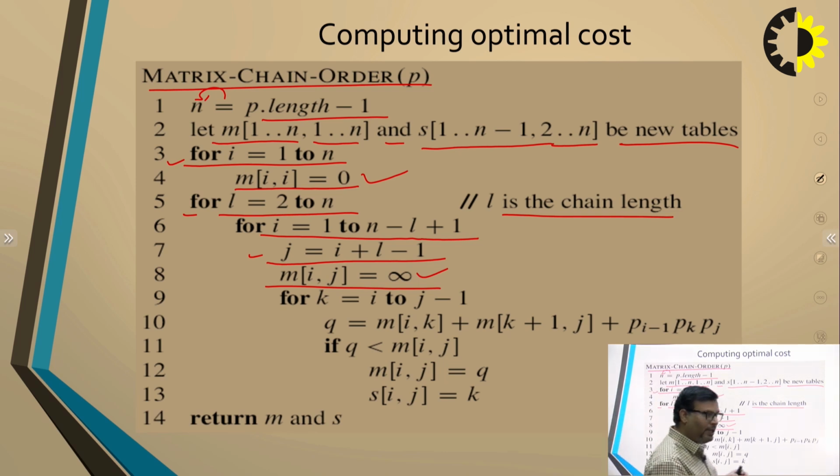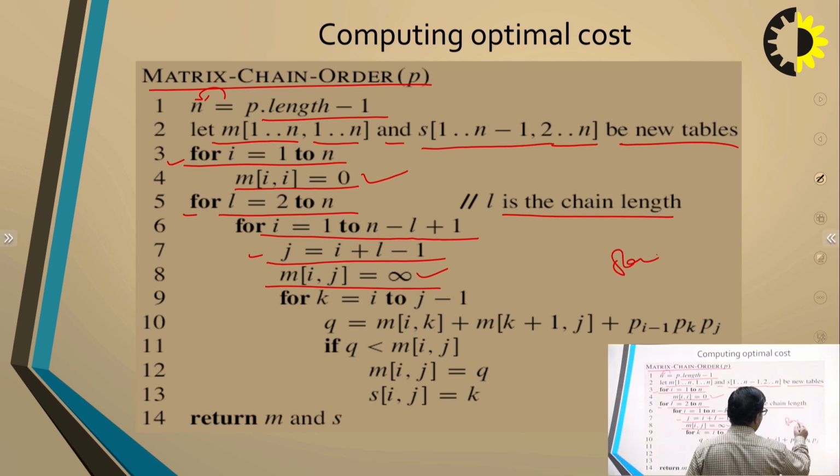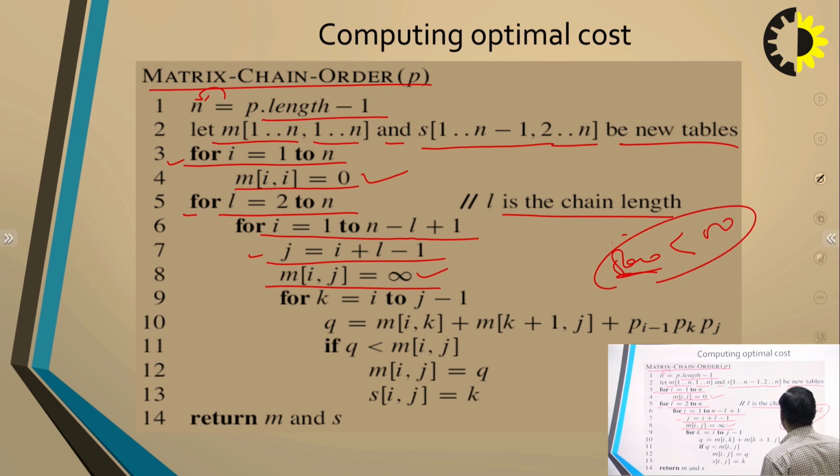Here if any value is obtained, then we will compare it with infinity and find the minimum value. Suppose that we get 800, and then again we compare with mij, which is infinity. Obviously 800 is less than infinity. That is why we will consider the minimum value.